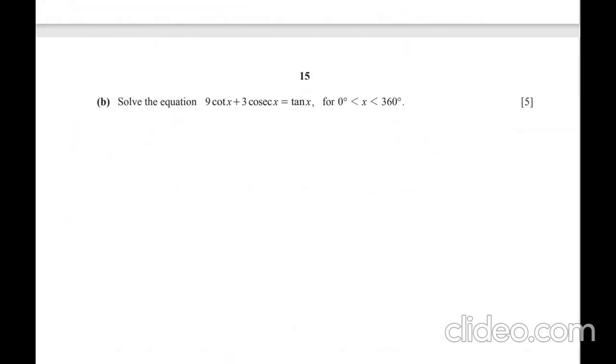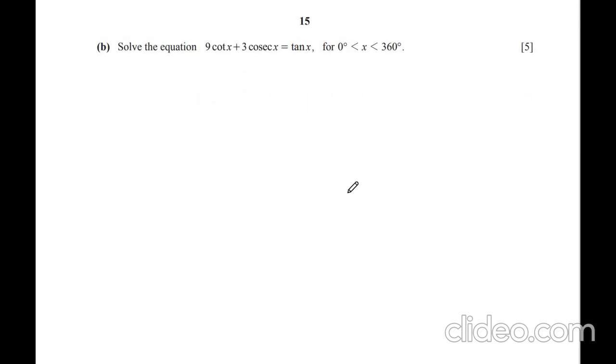Now let's move on to 9b. So again, if we write cot x as cos over sine, and then cosec is 1 over sine, and tan can be written as sine over cos.